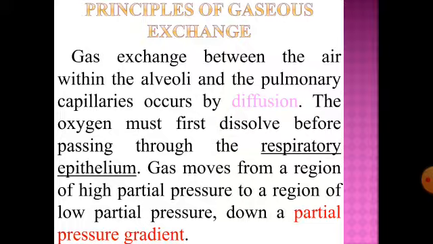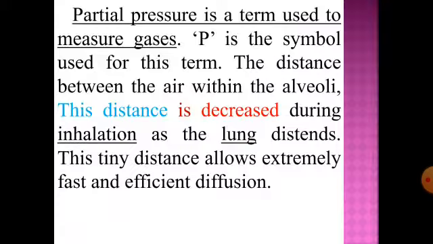Gas moves from a region of high partial pressure to a region of low partial pressure, down a partial pressure gradient. Partial pressure is a term used to measure gases. P is the symbol used for this term.